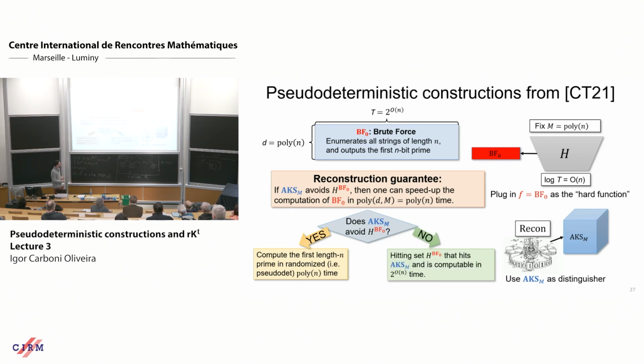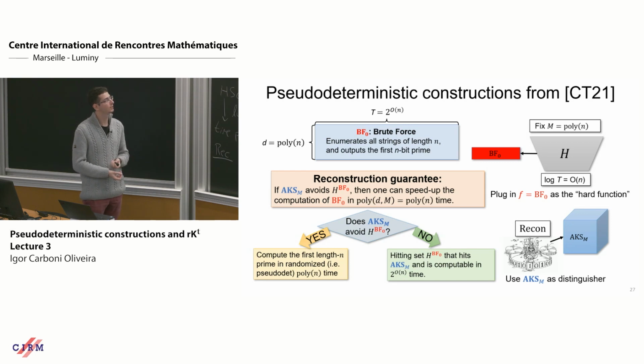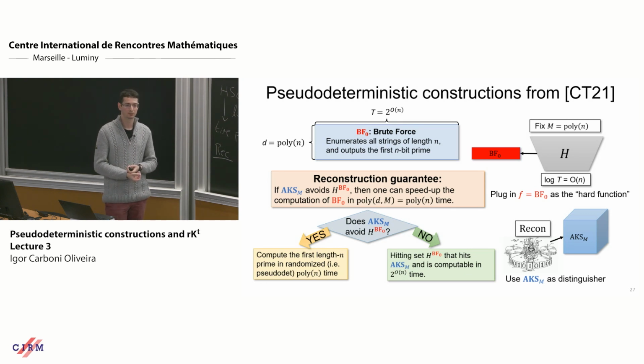In the hit case, we are in a similar situation. We have a hitting set that hits AKS, so there's at least one prime there, and we can compute in 2 to the n time. This is precisely the situation we had before, except that now we have a more general hitting set. We can use any function f with some properties, and that's what will allow us to recurse.